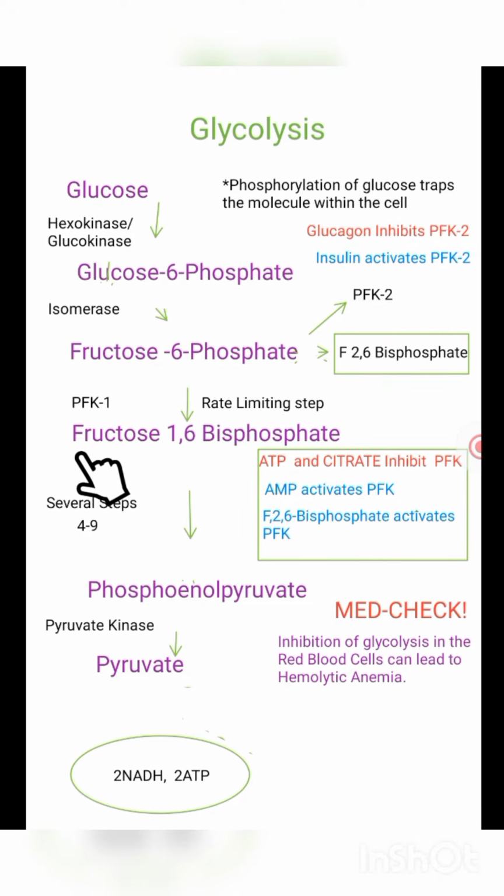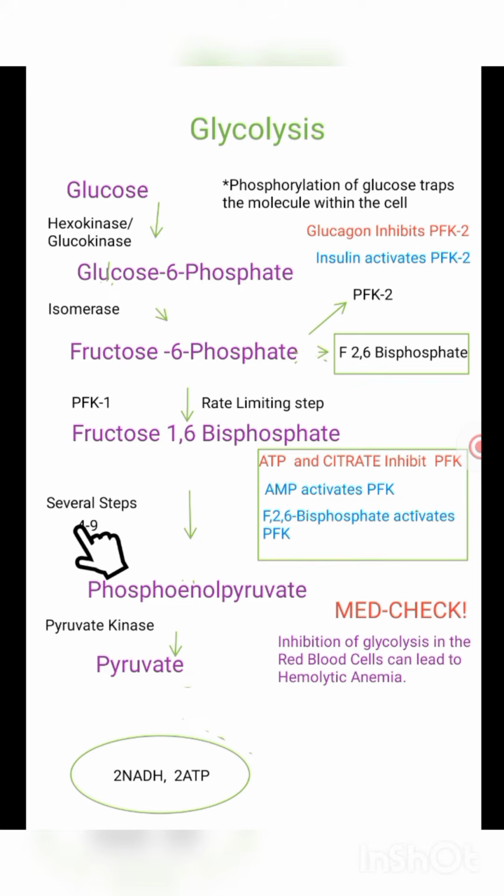So for now, after forming fructose 1,6-bisphosphate, you notice that there are several steps here, steps 4, 5, 6, 7, 8, 9, and then the final step where phosphoenolpyruvate is converted to pyruvate by pyruvate kinase. Now, steps 1, 3, and 10 are very critical control points because these steps are irreversible.